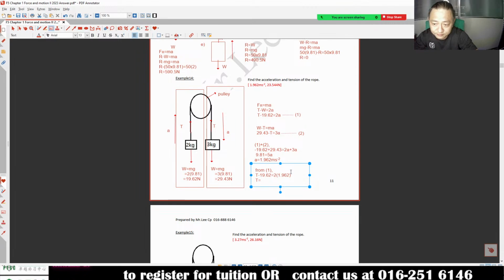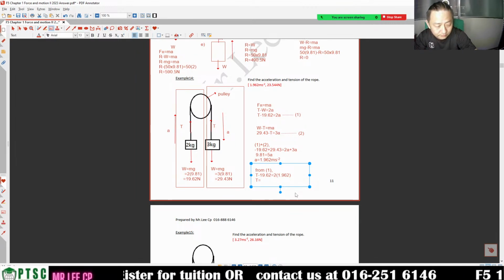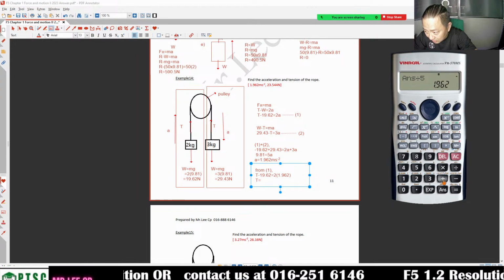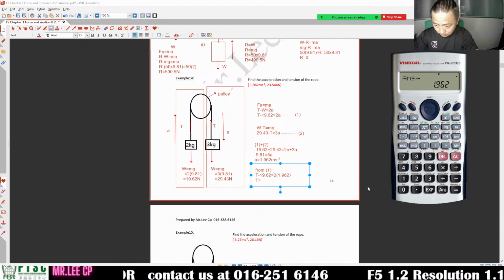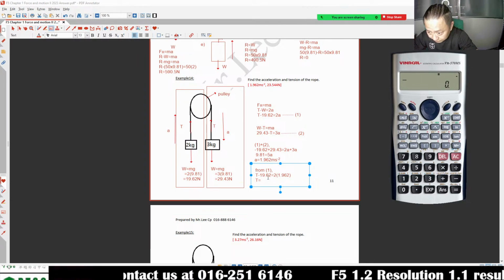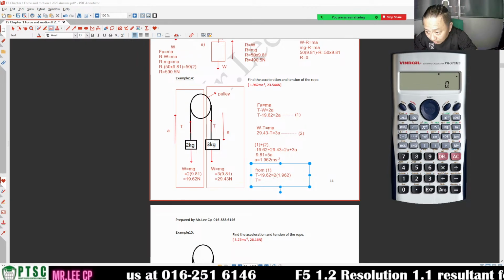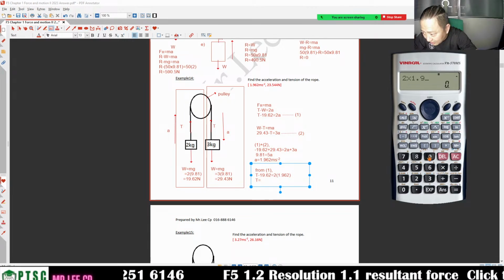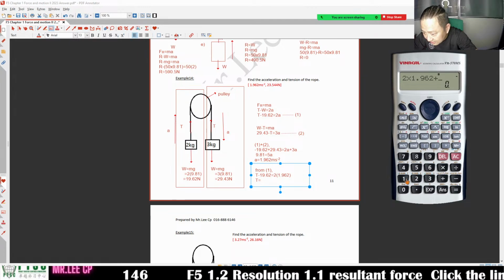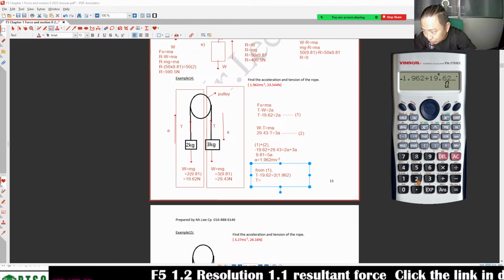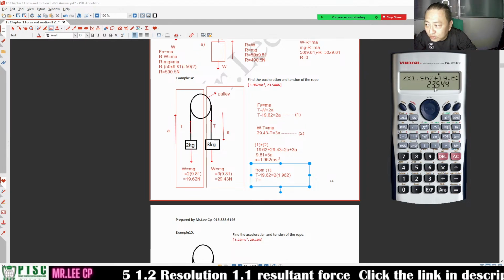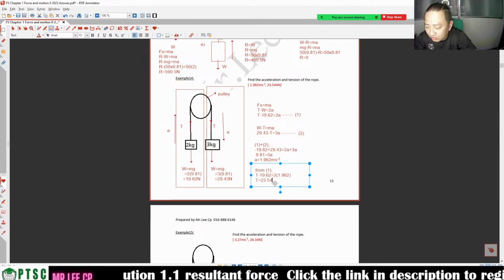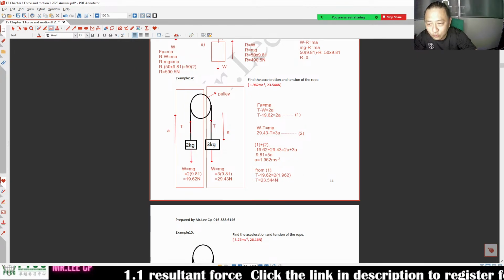T is going to be 2 times 1.962 plus 19.62. You will get 23.544 Newton. Do you get it?